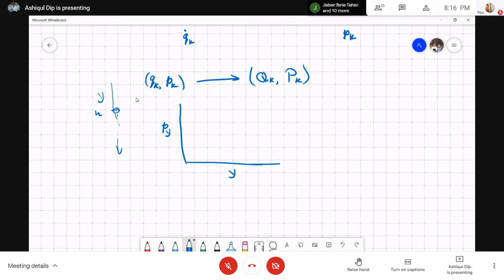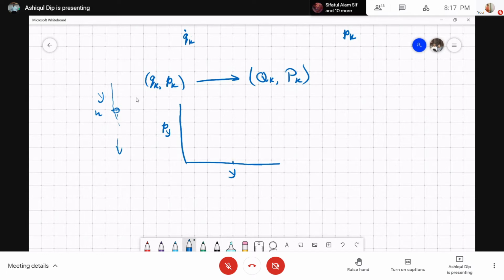Any idea? It's falling, yeah. So y should be going in the negative direction, right? And y starts with a value h, so probably somewhere here, right?